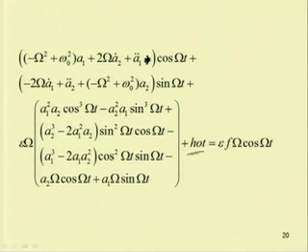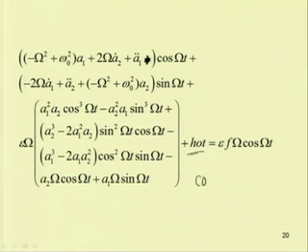Now, we have to convert these cos cube omega t terms, sin cube omega t terms, and the sin square omega t cos omega t and cos square omega t sin omega t terms into the respective cosine and sine terms. For example, this cos cube omega t can be broken down by using cos 3t.